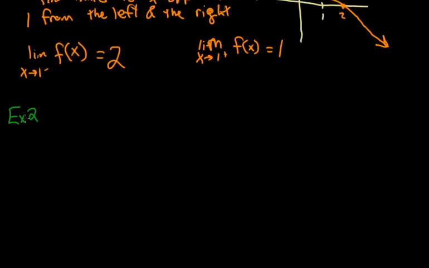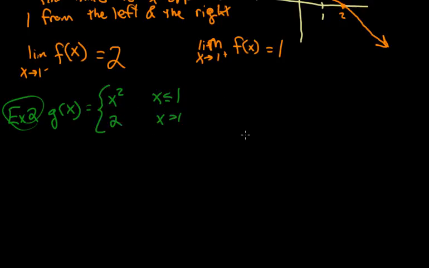So example 2. Let's say we have g of x equals x squared for x is less than or equal to 1, and it equals 2 when x is greater than 1. The first thing we need to do is draw a graph.